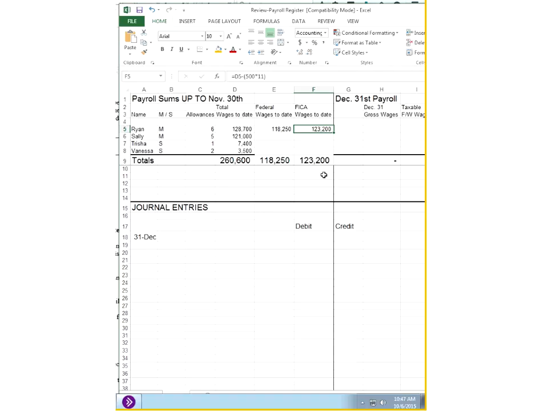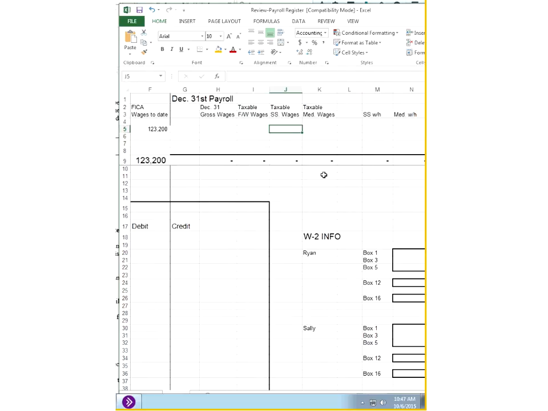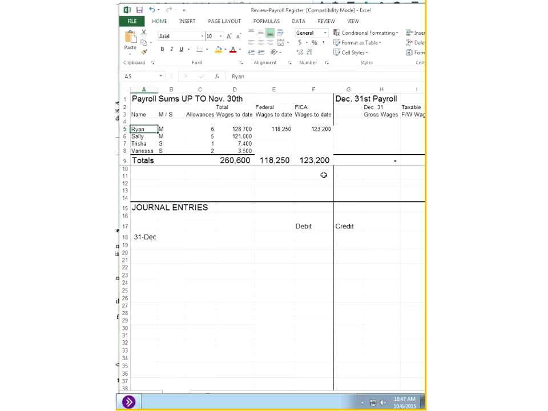So FICA wages, 123.2. Note he's already over the limit. So when we get to taxable wages for this individual over here for Social Security, it's going to be 0. So let's go ahead and finish out Ryan, and then you can do Sally, and the other two very similar.